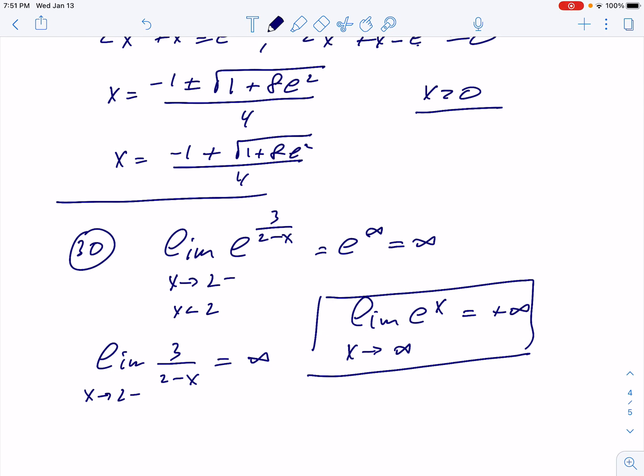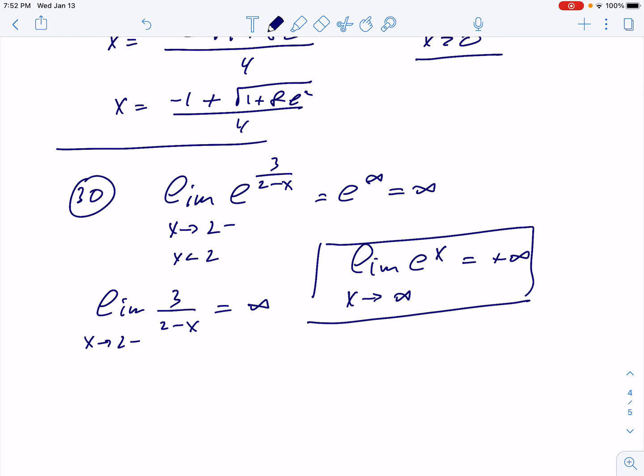Actually, the function e to the x grows very fast, and that's why people talk about exponential growth. Growing like the exponential function, very fast.